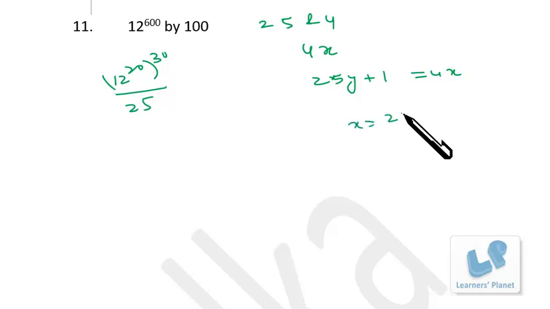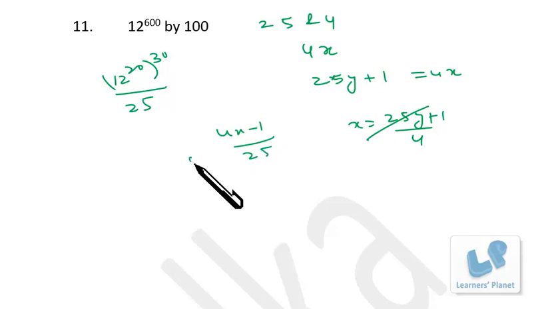So x is equal to 25y plus 1 by 4, or you can do 4x minus 1 by 25, that is y, whatever. Anyways you can go. It would be rather easier because 25 will move a bit faster.